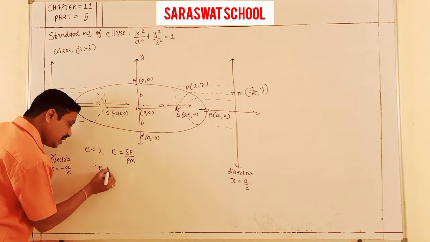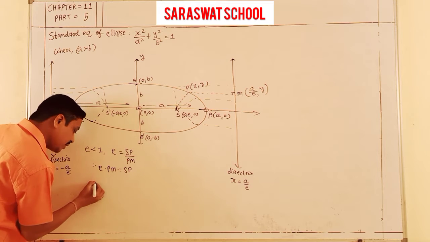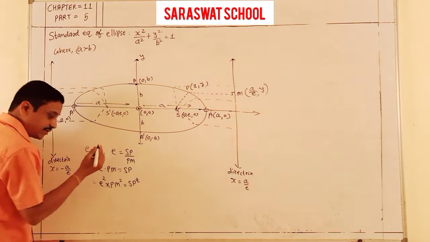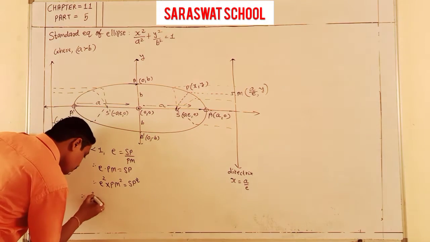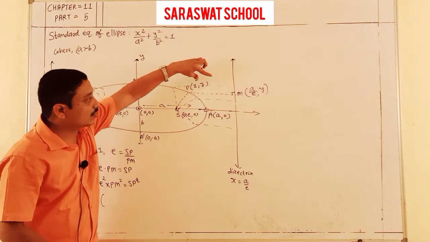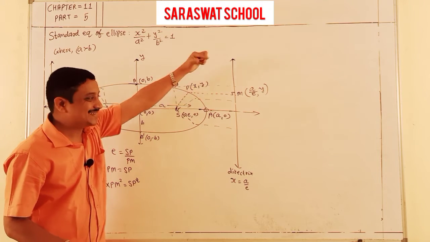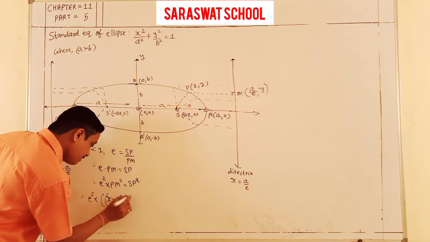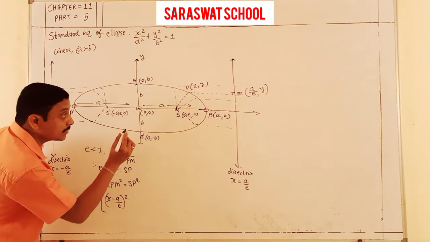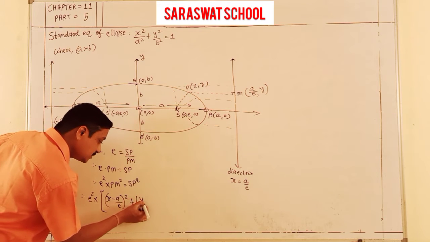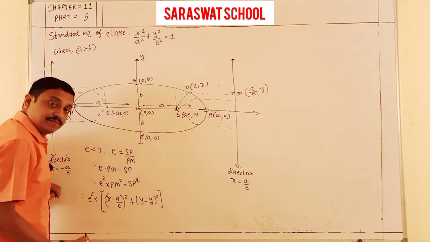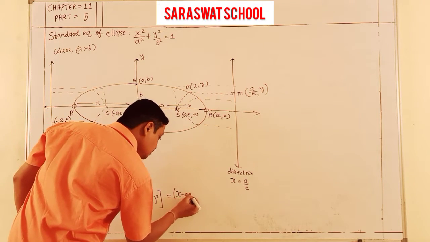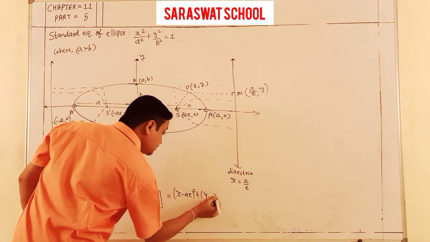So e into PM, take it square, e square PM square is equal to SP square. Now you use the P to M distance formula: x minus a by e whole square plus y minus y whole square. Same you will take SP: x minus a whole square plus y minus 0 whole square.